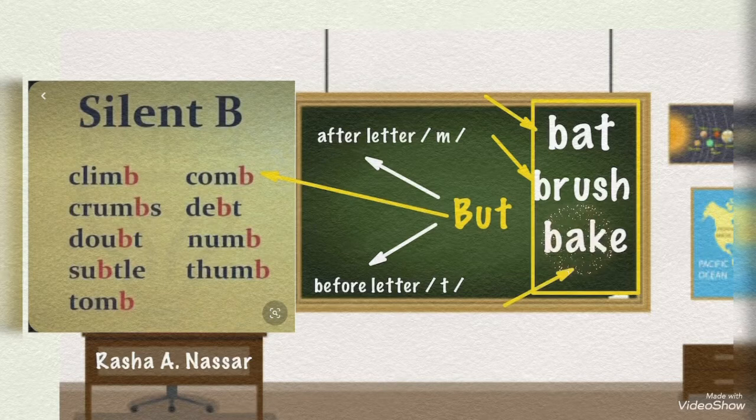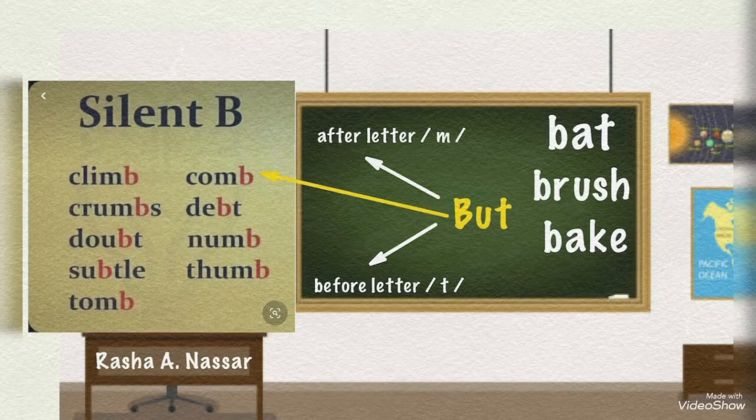So I can read letter B; it is not a silent letter. But when I see letter B comes after letter M, I will not read letter B. It will be a silent letter. And if it comes before letter T, it will also be a silent letter.